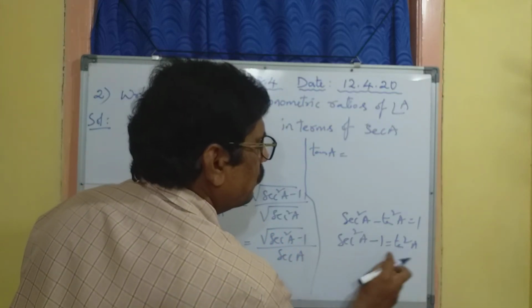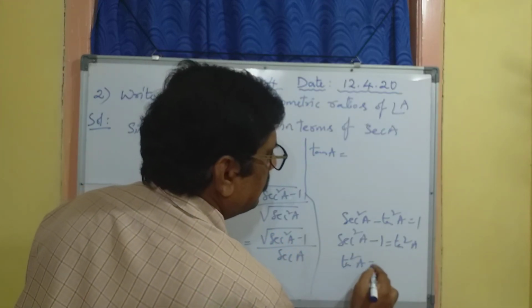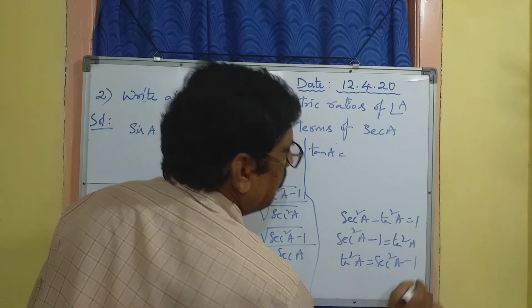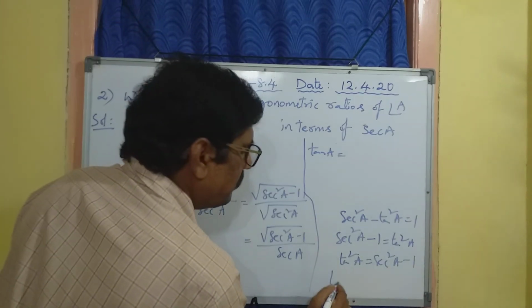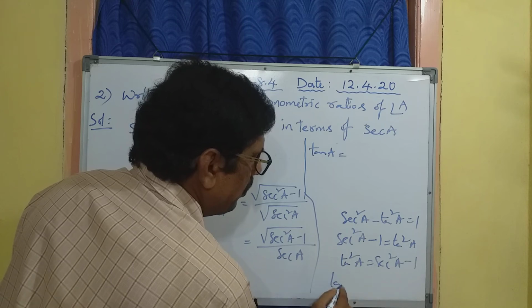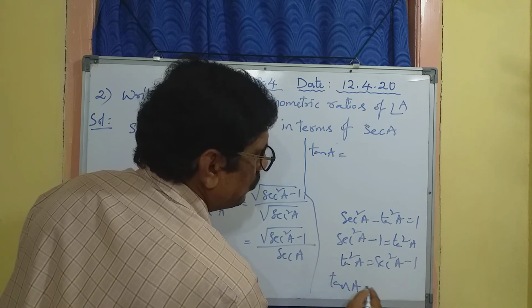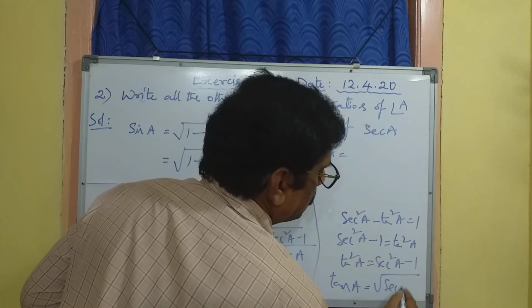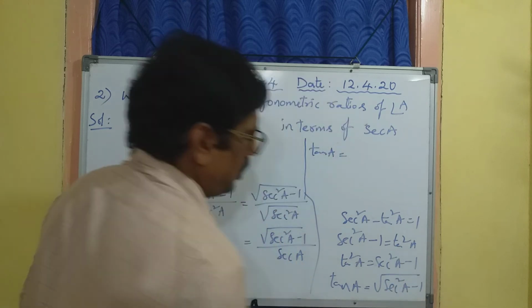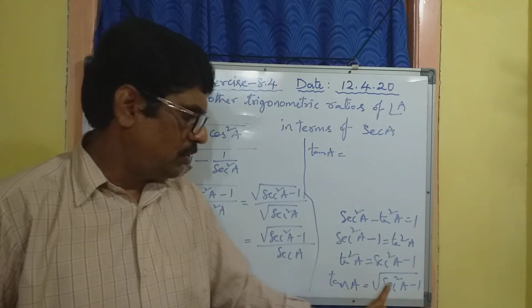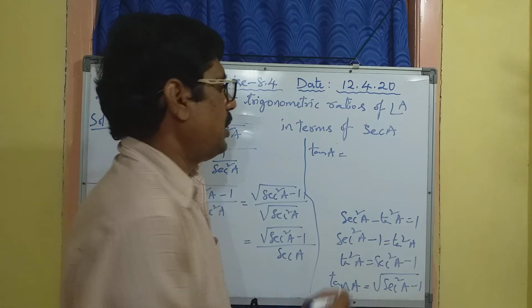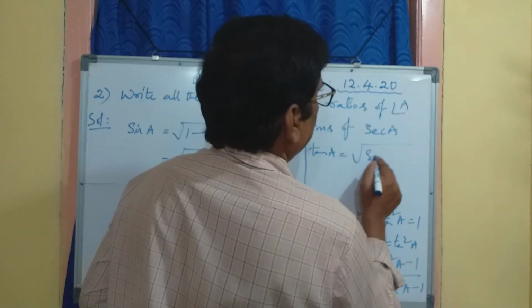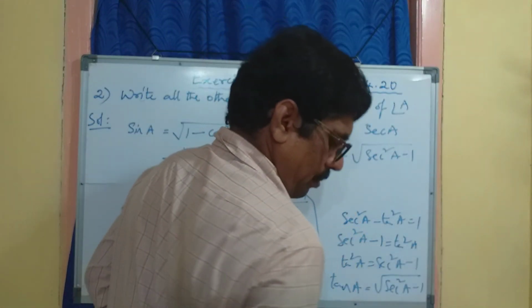Just by reversing this, we get tan square A is equal to secant square A minus 1. Then what is tan A? If you remove the square on the LHS, we get a root on the RHS. So here tan A can be written as root over secant square A minus 1.